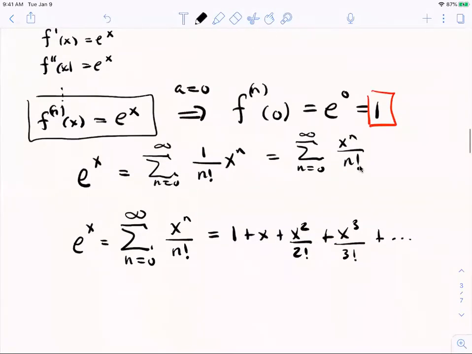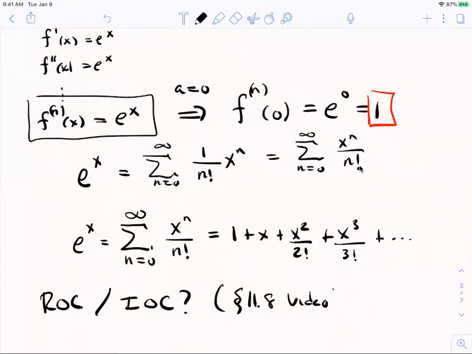And then we have to answer the question, what's the radius of convergence and the interval of convergence? I'm just going to refer, to keep this video short and not repeat things, to the section 11.8 video where we talked about power series. This was one of our examples.